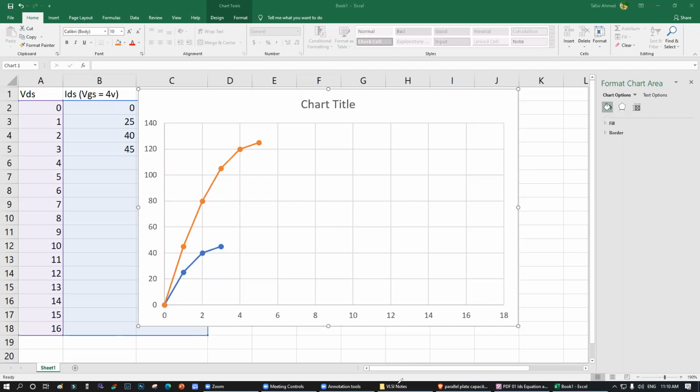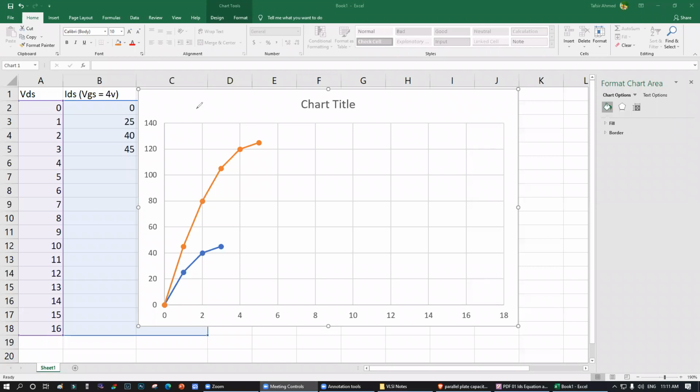Until some point the equation was valid.